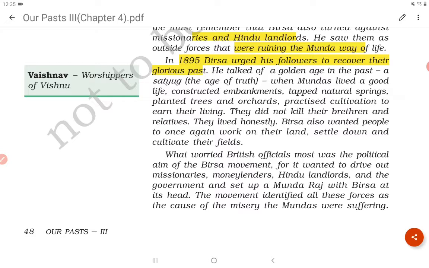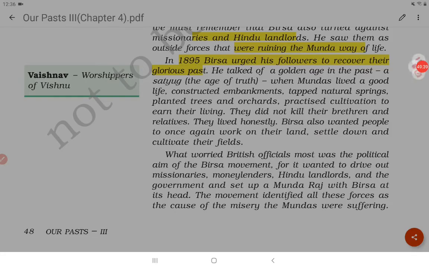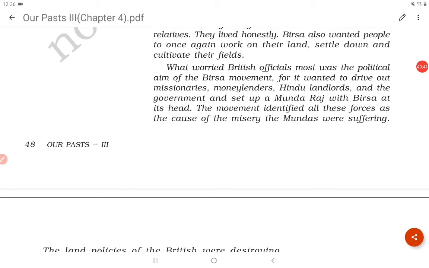They did not kill their brethren and relatives. They lived honestly. Birsa also wanted people to once again work on their land, settle down and cultivate their fields.